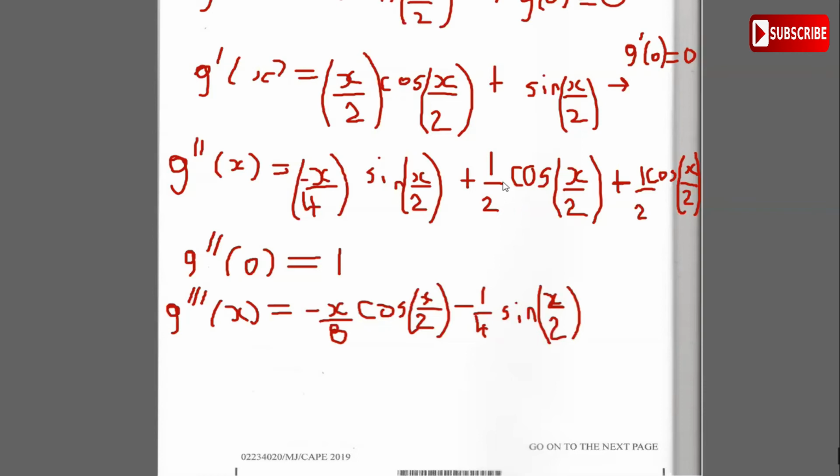Then you're going to differentiate this now, which is a half cos x over 2. When you differentiate cos, you get minus sine. So this then becomes minus a quarter sine x over 2.